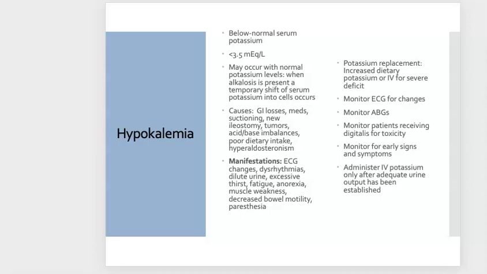The goal for this patient is to replace this potassium level safely. So we're going to give it either IV or PO. We're going to check the patient's urine output before we give any potassium, because if the patient's not putting out urine, we clearly don't want to administer potassium. You're going to monitor the blood gases, monitor patients on digoxin for toxicity, and look for signs and symptoms.